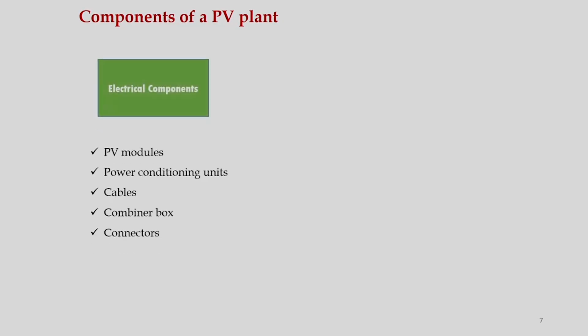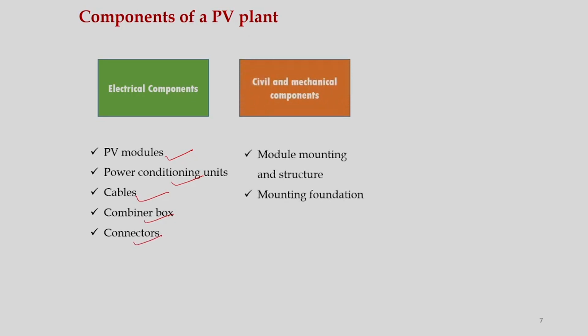Now, let us see what are different components involved in this grid connected PV system. Primarily we have three categories. Under electrical components we will have PV modules, power conditioning units, cables, combiner box, and connectors. Next are civil and mechanical components: module mounting structures and mounting foundations.